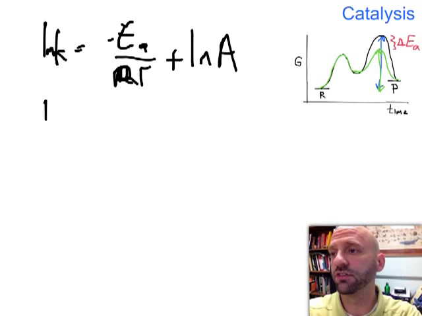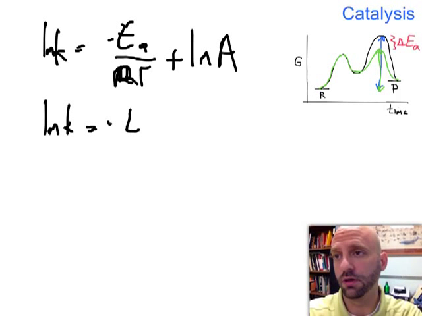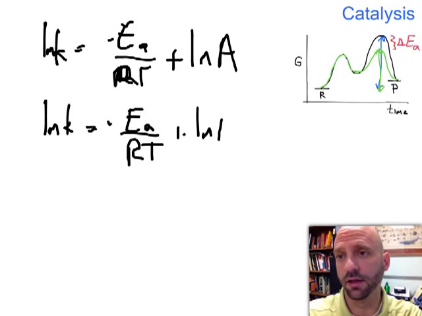So I'm going to write this equation again: ln k is equal to negative Ea over RT plus ln A.